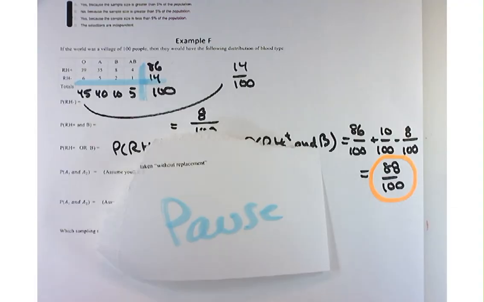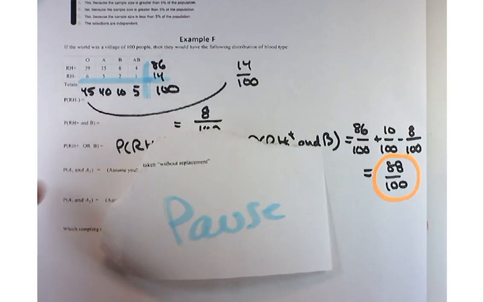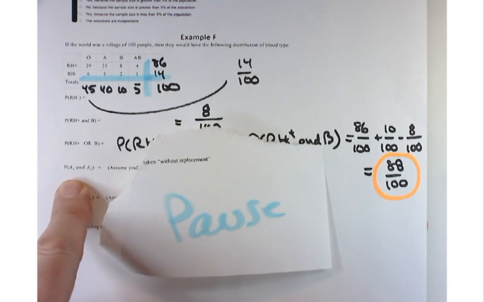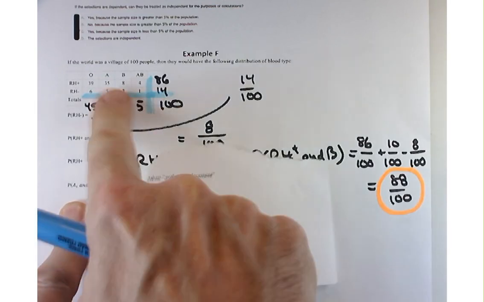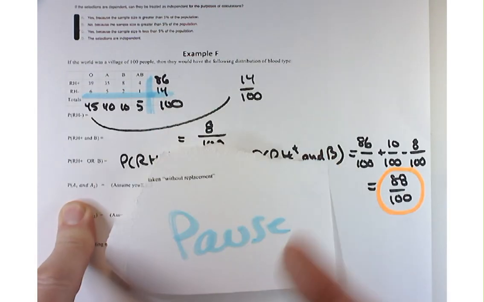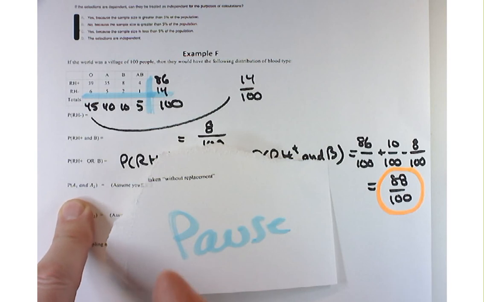So, do the calculation for with replacement and without replacement for A1 and A2. A1 and A2 is what? That you draw somebody at random with type A blood on the first draw, and then you do it again on the second draw.